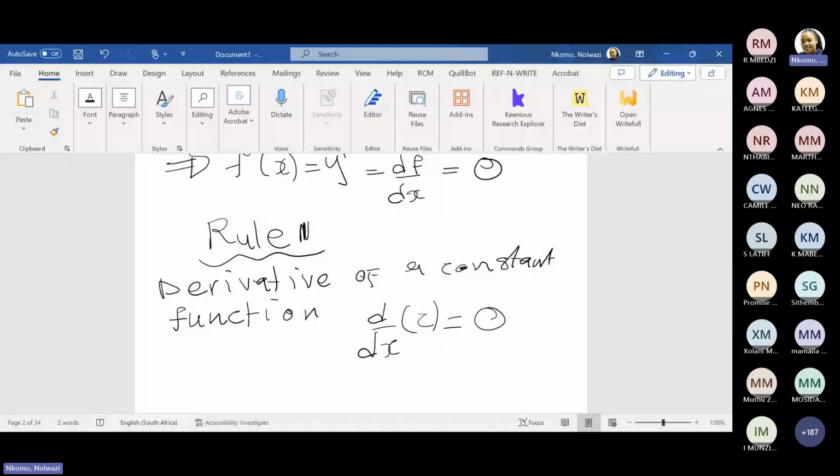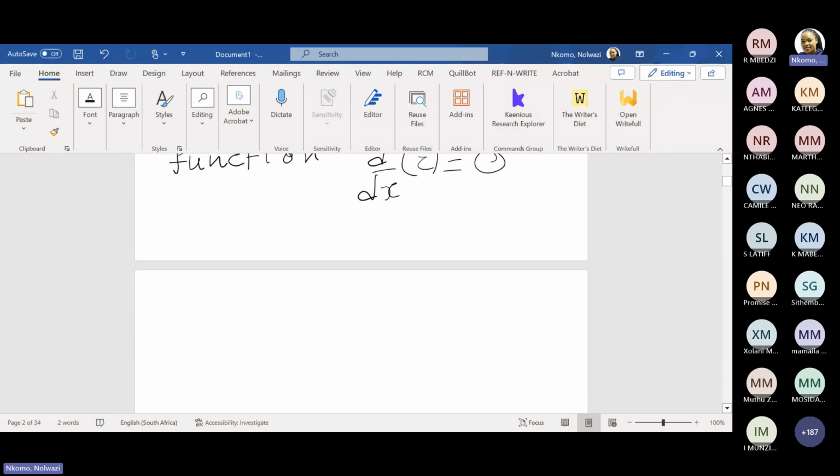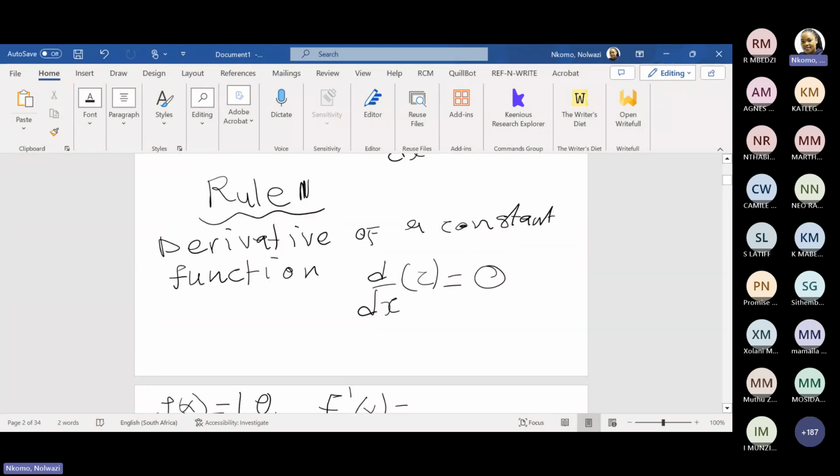It says the derivative of a constant is 0, right? So, for example, let's say you are given f of x equals 10, and you are asked to find f prime of x, meaning you are asked to find the derivative of this function. We can just use rule 1.